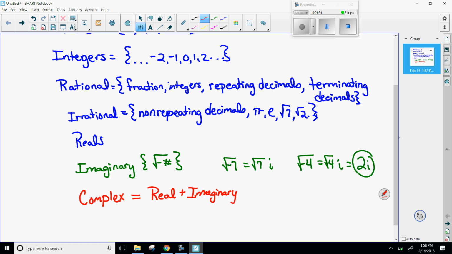It can be under both, because you could say it's 0 plus 2i, which then turns it into a complex number. Just like when you talk about polynomials, you could say 4 is a polynomial. That's the same thing as 4x to the 0 power. We just don't always show that real number part.